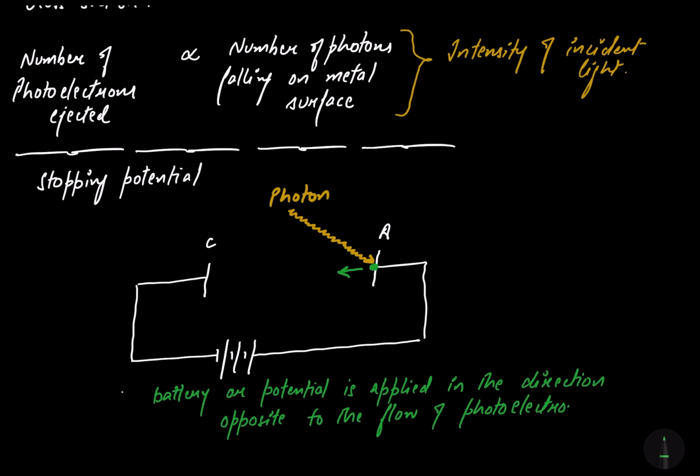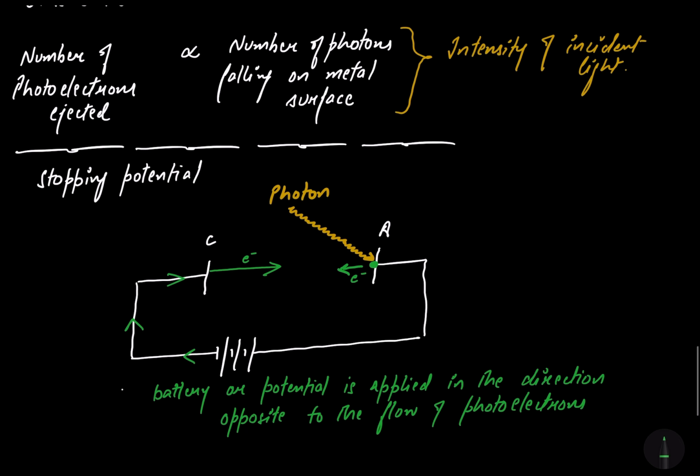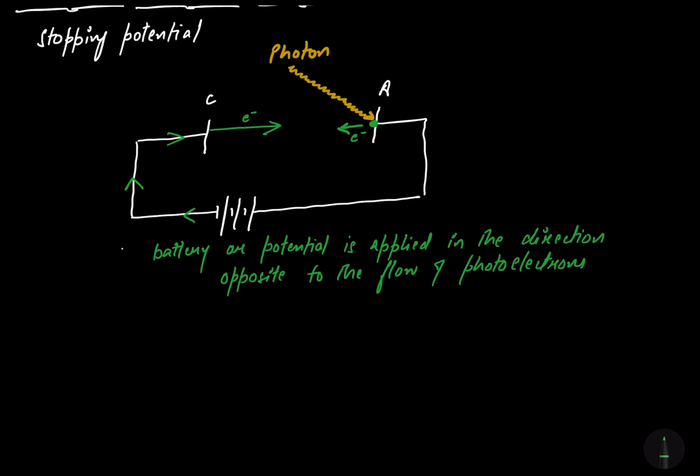So from the battery, the electron will travel in this direction. There will be the emission of cathode rays and those cathode rays will travel towards the anode. Cathode rays are also made up of electrons, so there will be repulsive forces between the photoelectron and the cathode rays. So the question is, how much voltage is applied over here to stop the photoelectron?